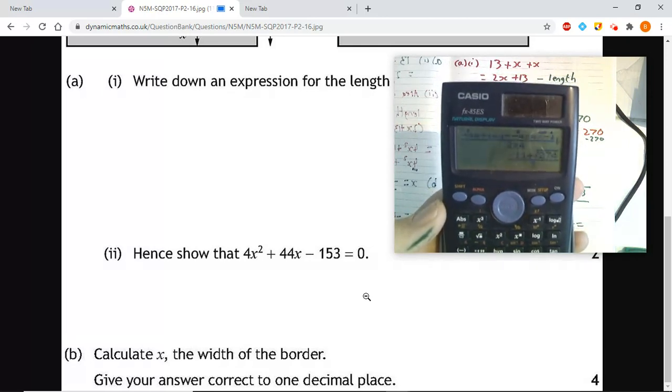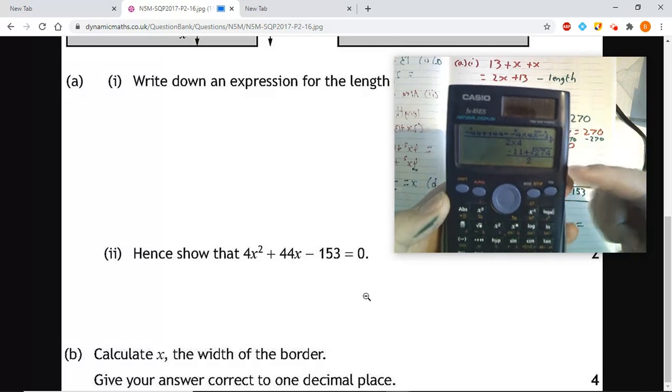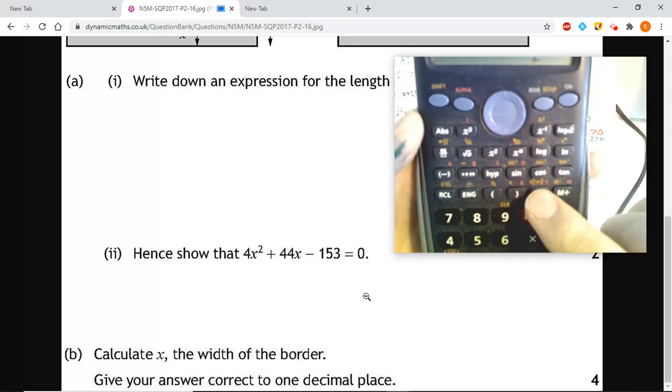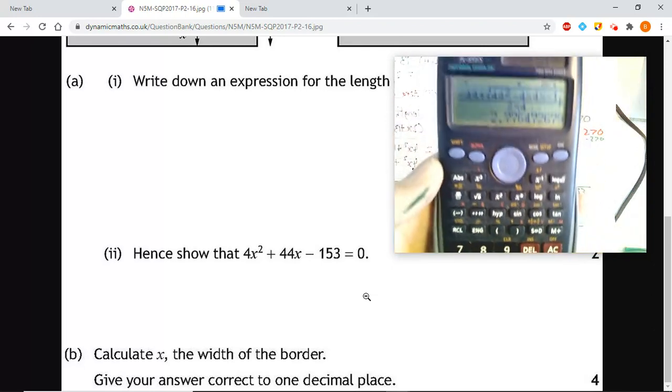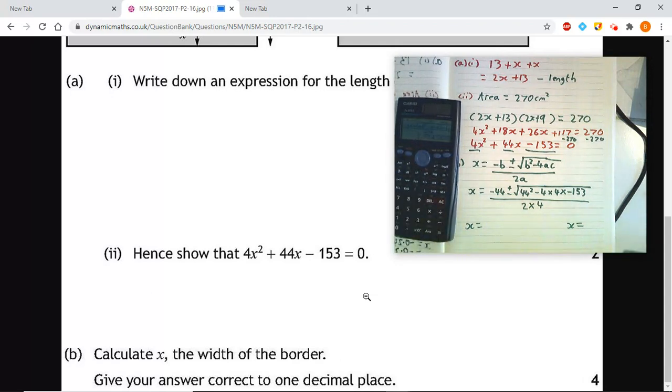You hit equals. What it's done is simplify the surd for me, but I can just hit the SD button. You might have S to D on your calculator, and that's given me 2.77. I'll just write all that down: 2.77647269, sorry, 679.